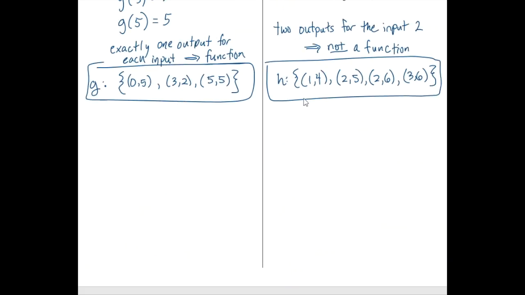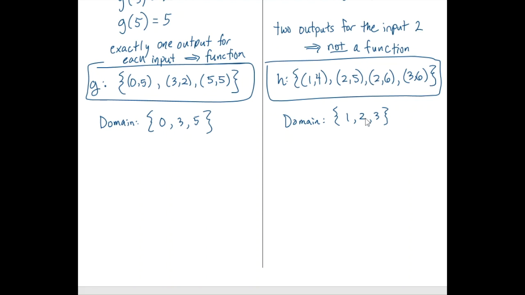If we started with these ordered pairs, and we were asked to state the domain and range, the domain would be the set of x coordinates. So for G, the domain is 0, 3, and 5, the x coordinates from these ordered pairs. And for H, the domain is 1, 2, and 3, the x coordinates from these ordered pairs. We do not need to repeat the value of 2.